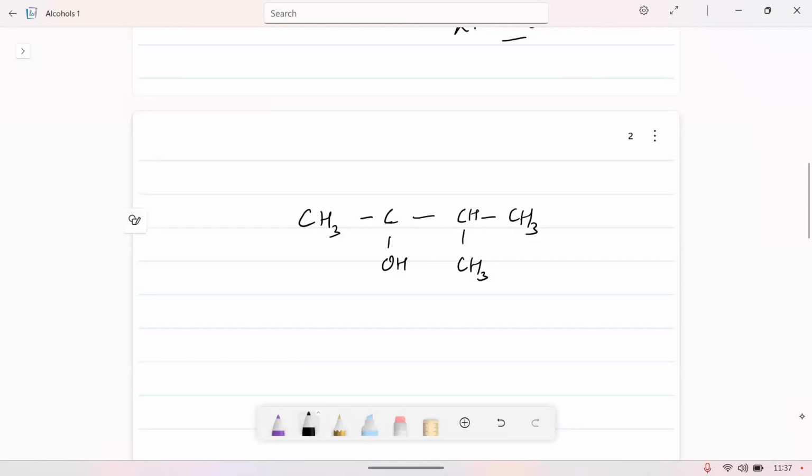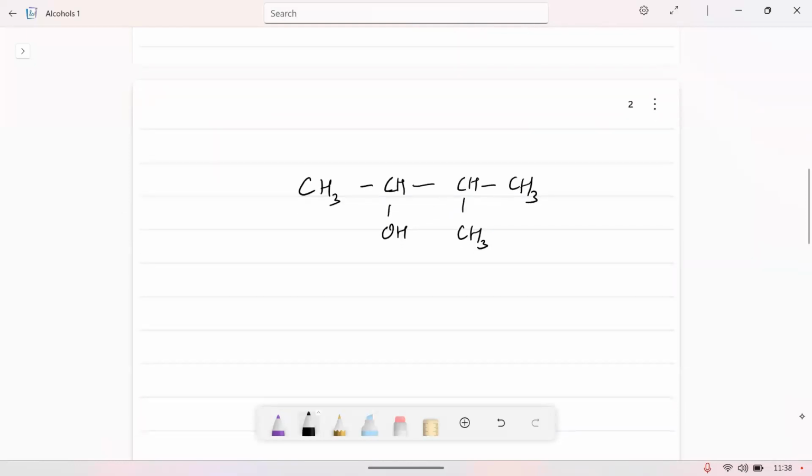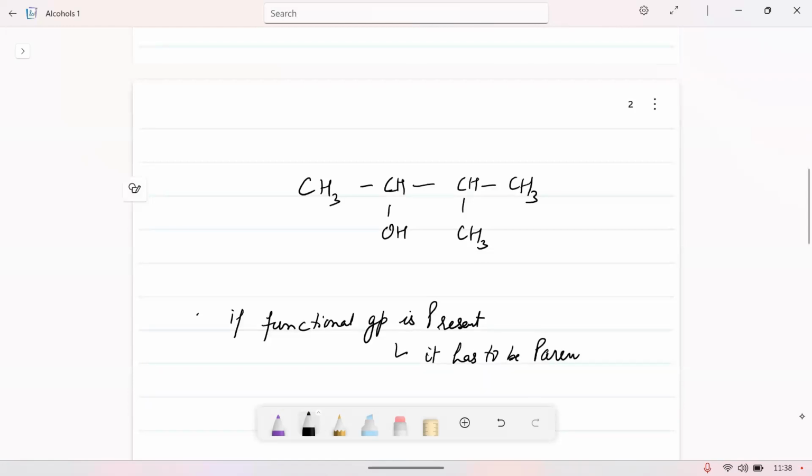Now, for the naming, the rule is that if a functional group is present, then it has to be part of the parent chain.